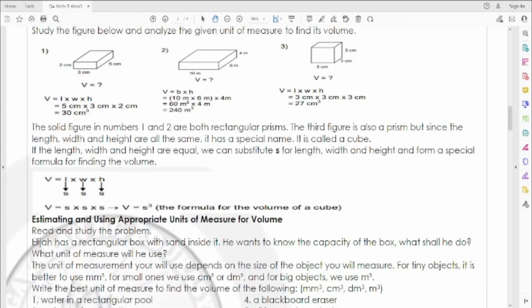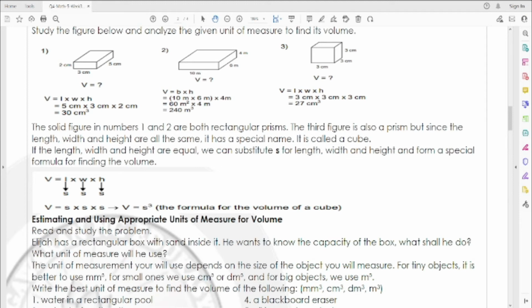And now the solid figures in number 1 and 2 are both rectangular prisms. The third figure is also a prism, but since the length, width, and height are all the same, it has a special name. It is called a cube.